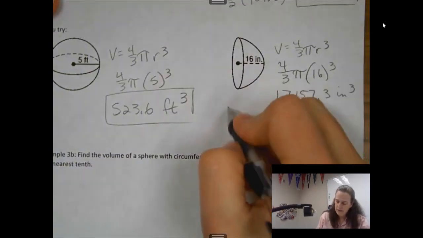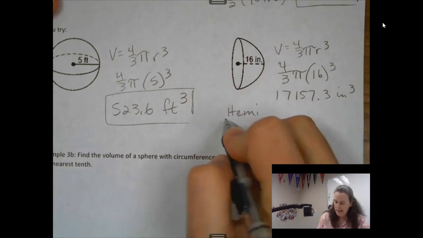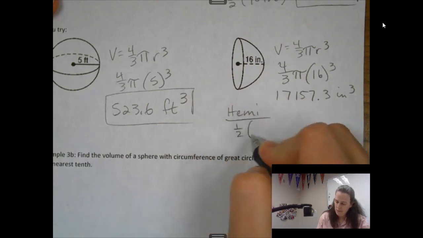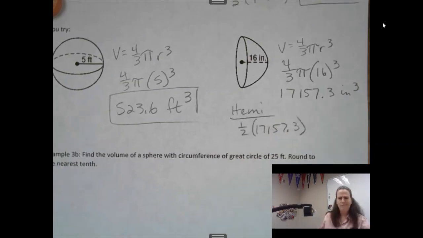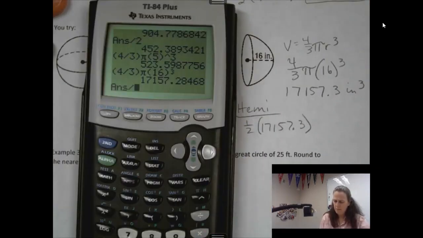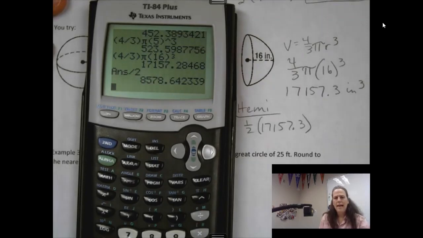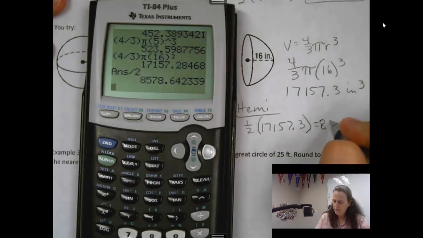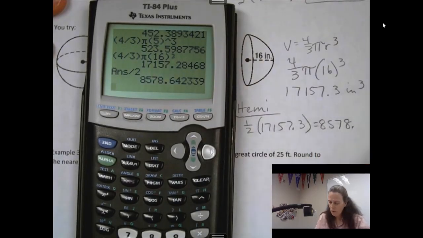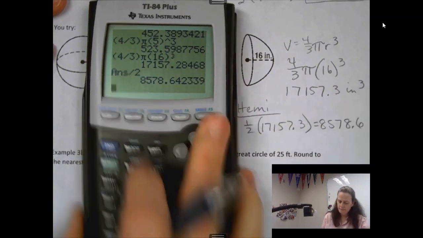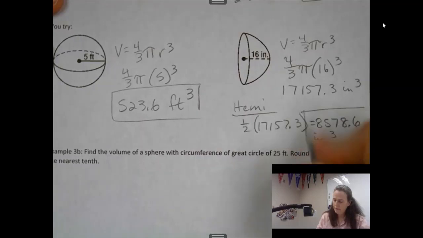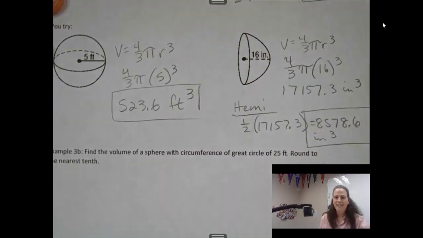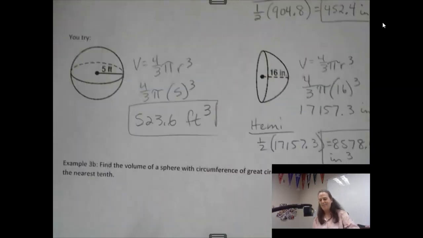We have the half, so half of that. Oh my, this is the biggest one I think we've done so far, isn't it? I don't think we've had a number that big. Divided by 2, 8,578.6 inches cubed. Okay, do we match? Awesome.